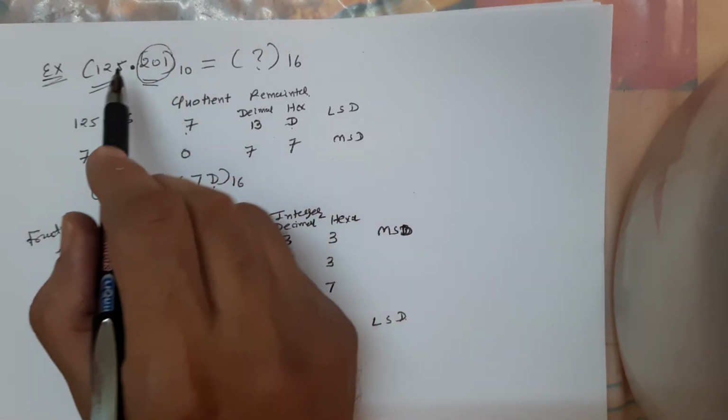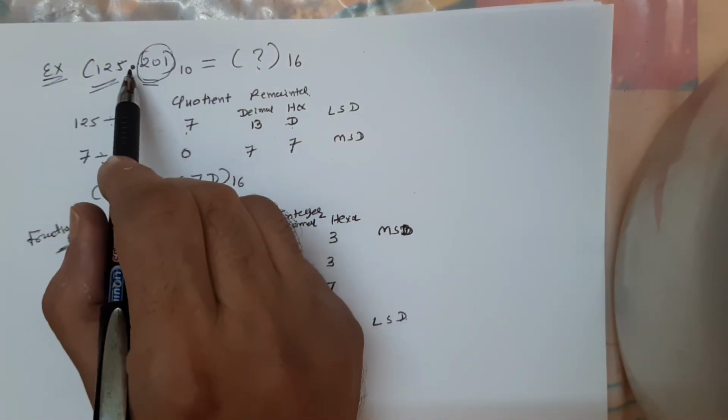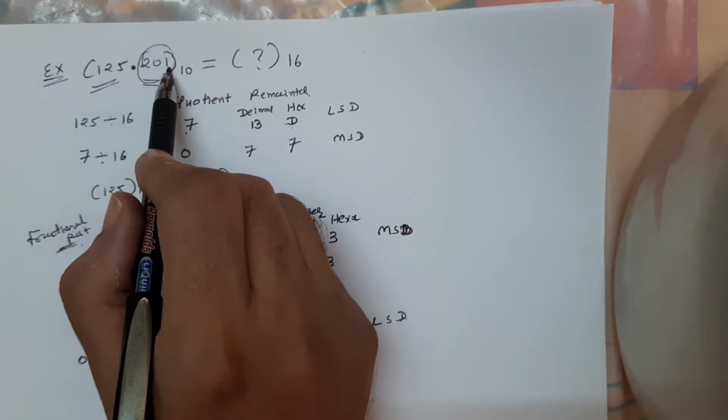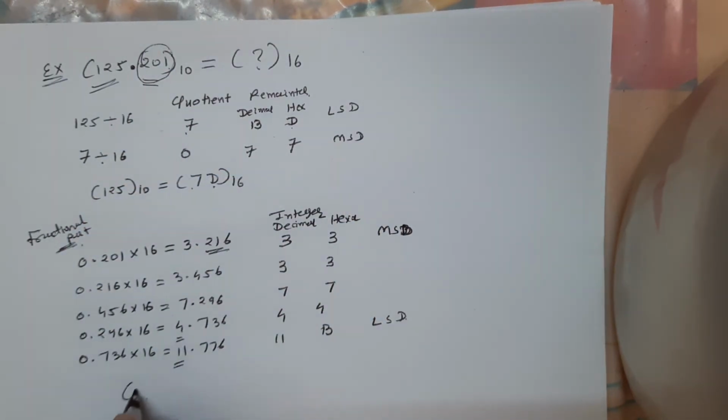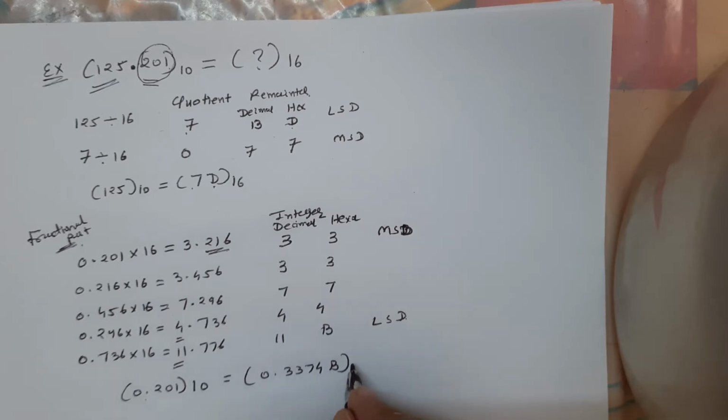So in this example, after this point, 0.201 decimal is equal to 0.3374B hexa. Zero point 3374B hexa.